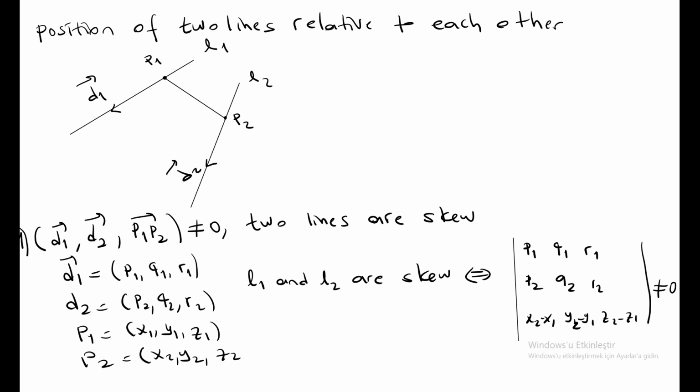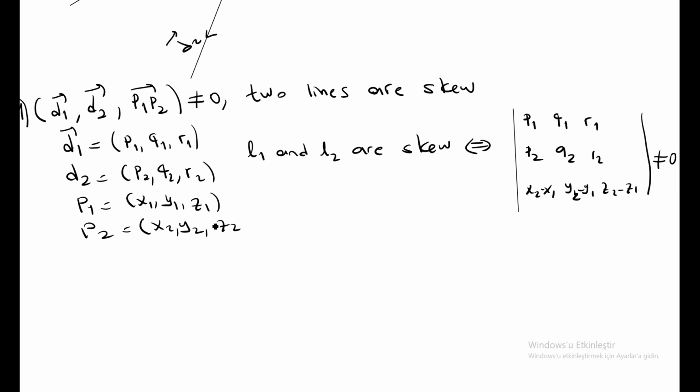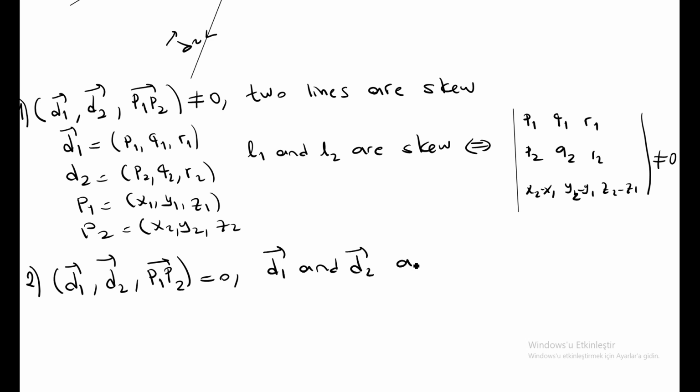So this is case 1. So case 2, if this is 0, if D1, D2, and P1P2 is 0, but D1 and D2 are parallel, then L1 and L2, these two lines are parallel.